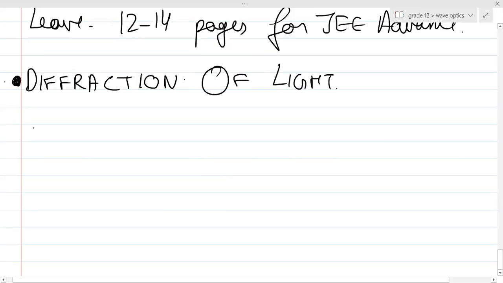Interference is over till JEE Mains and NEET level. Advanced, I'm skipping it for later. I don't have the time either. So now guys, what is basically the diffraction phenomenon?